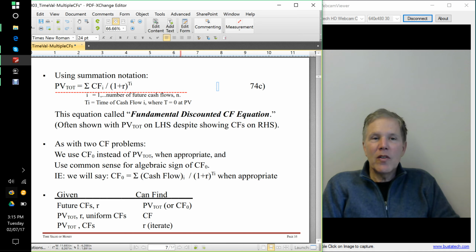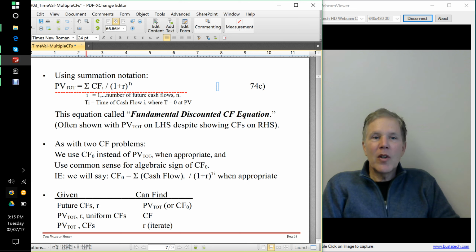So using summation notation, PV tote, the total present value for a set of cash flows for this project, is equal to the sum of each individual cash flow, CFi, discounted by 1 plus the interest rate or discount rate for this project, raised to the amount of time in the future that that cash flow happens.